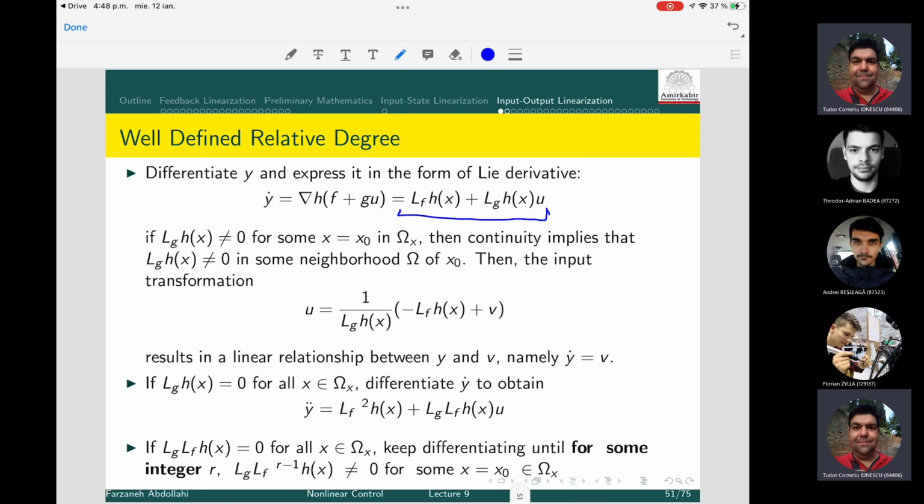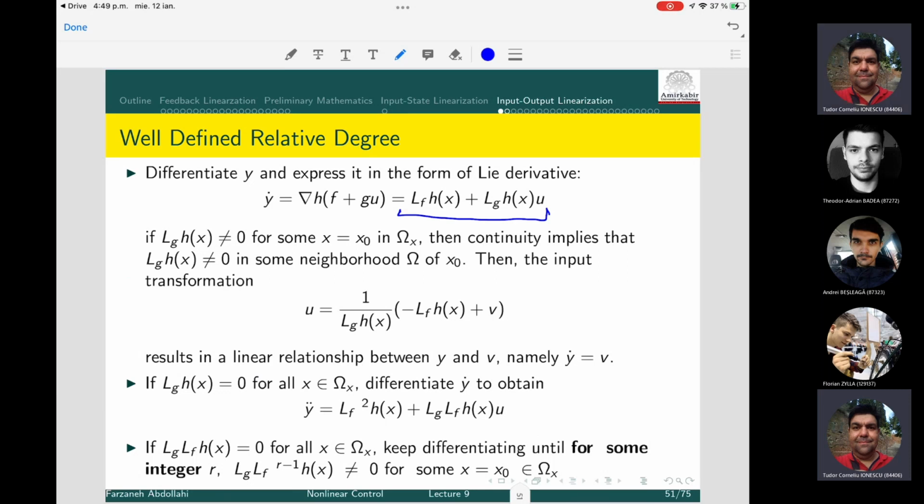If LGH is non-zero for some x equal to x0 in a neighborhood omega, then continuity implies that this is not zero in some neighborhood omega of x0. Then you can compute u from this first equation. This gets you a linear relationship between the output y and the input v, namely y dot equals v. If, however, LGH is 0, then you have to differentiate once again.